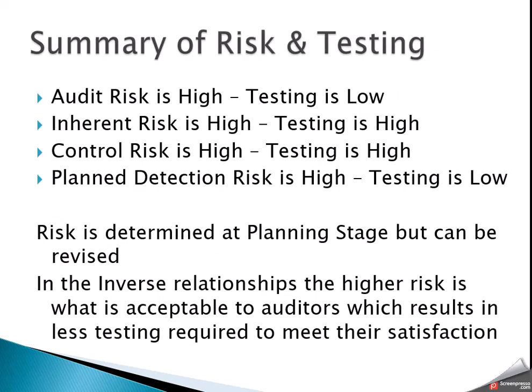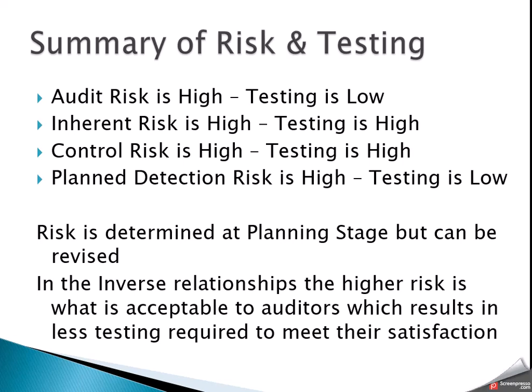So when the audit risk is high, that means we are trusting it and we're willing to take a little more risk, then we don't have to test as much. When the inherent risk is high, meaning that we think there are problems with their internal control structures or with their management, then testing is going to be high.